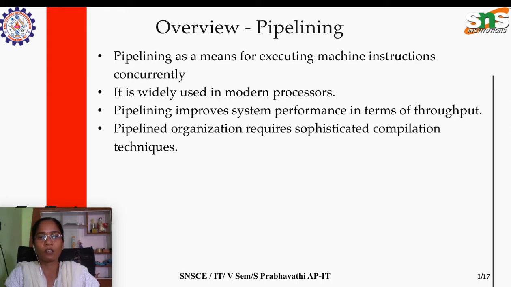Instead, we are concentrating on a larger number of instructions. When we are executing a bulk of instructions in a shorter duration, there the pipeline concept applies. Implementing the pipeline requires some sophisticated compilation techniques.